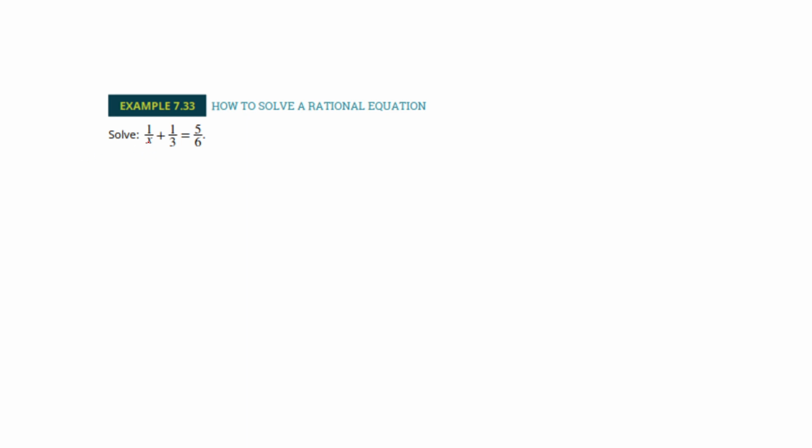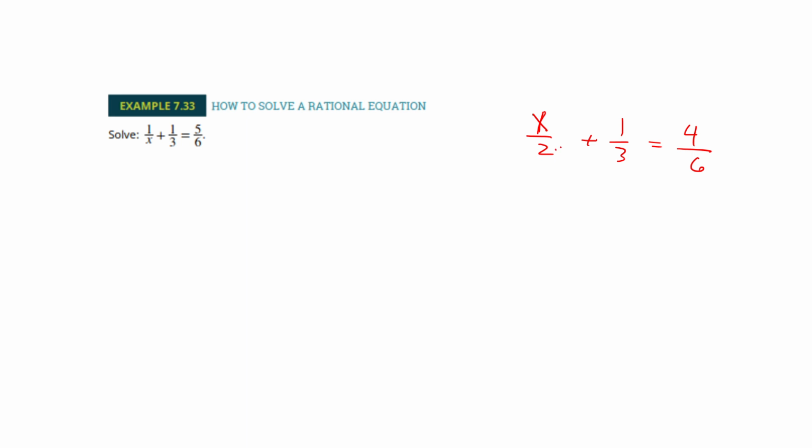We have those fractions with variables. Now the trick here is we just want to get a common denominator. Let me do it like this. If I can get a common denominator, the denominator has nothing to do with it.